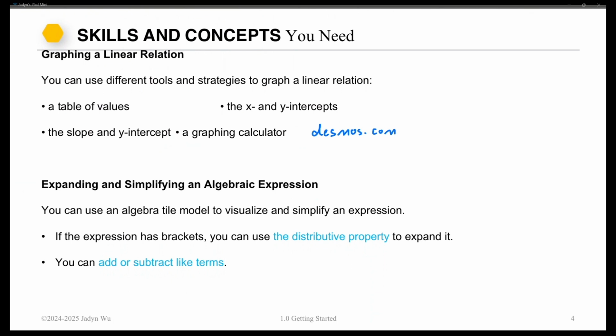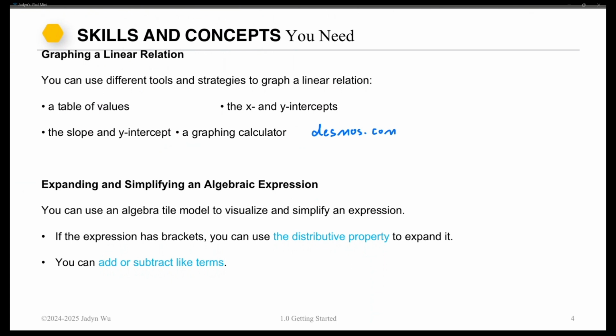For expanding and simplifying algebraic expressions, we usually use an algebra tile model to visualize and simplify an expression. For example, if some expressions have brackets, we can use the distributive property to expand it, which means that we are removing the bracket but keeping the expression the same as the previous one.